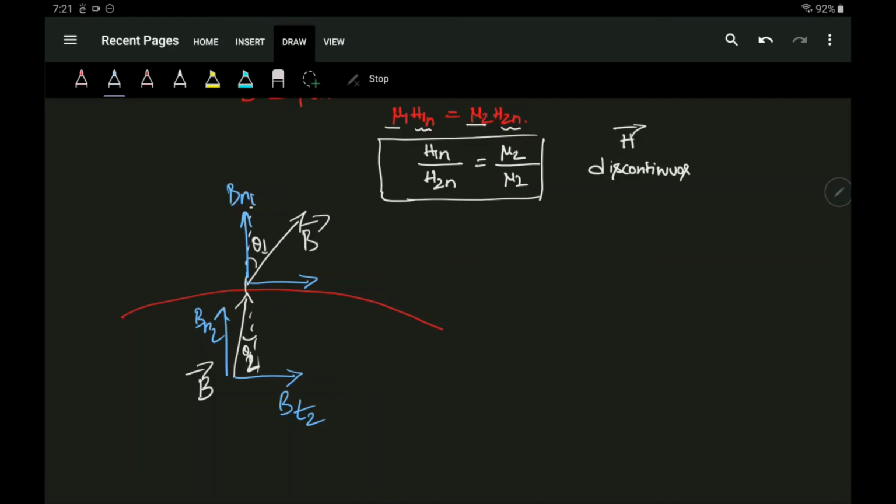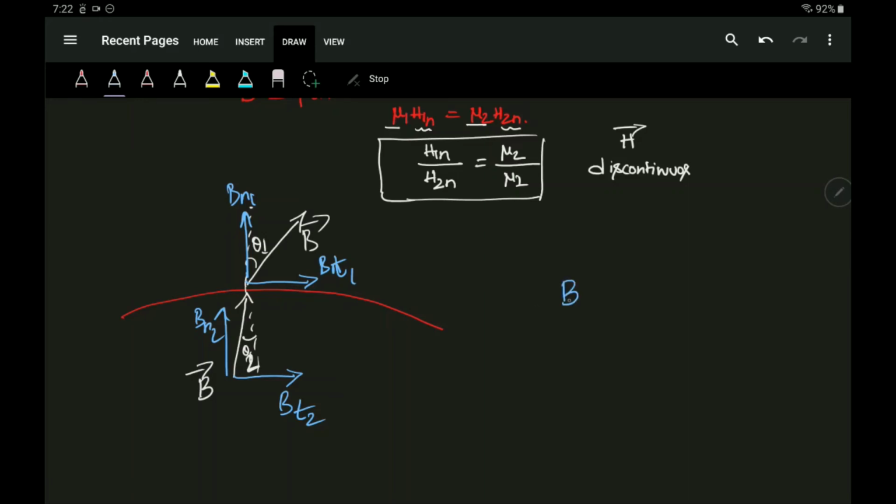I might be a bit fast because we have already discussed this in the electrostatics part, so I can just assume that you can correlate all these things. So now if I want to know how the magnetic wave varies at the boundary, I can simply apply the alternate angle formula, and I can use Snell's law, which we have already solved.